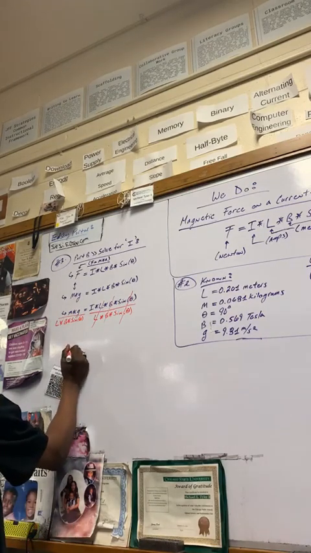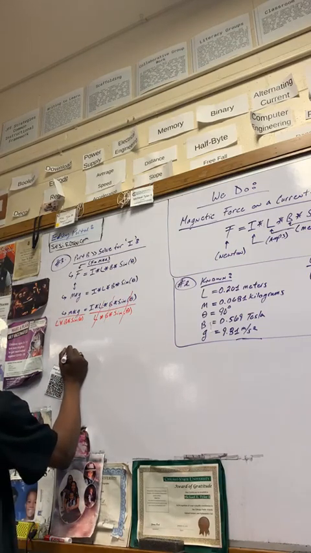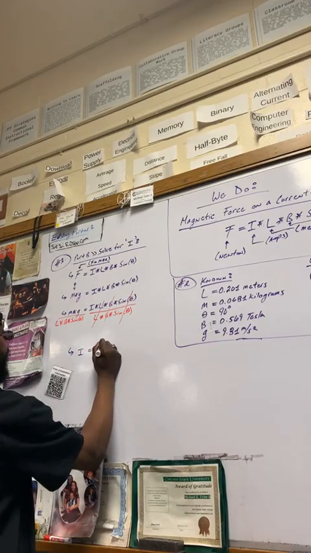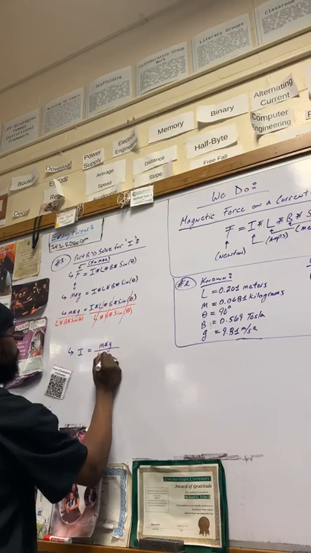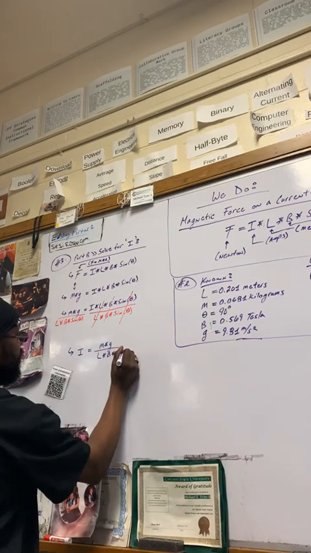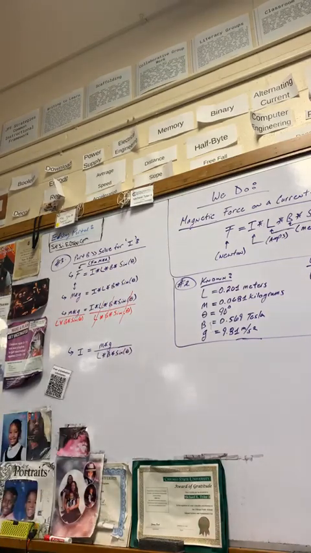And we have now what we need for I with this. So it actually becomes current is equal to the mass times the gravity divided by length times the B field times sine theta. All right, now we can put the numbers in and be done with this puppy.